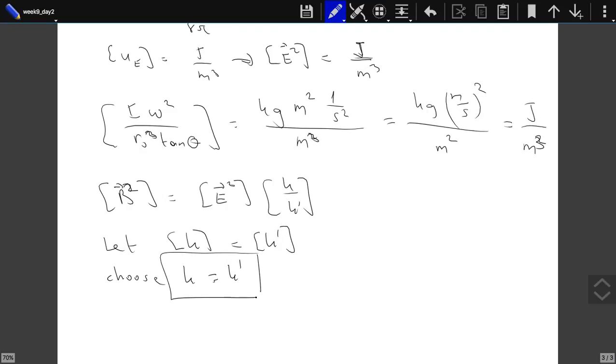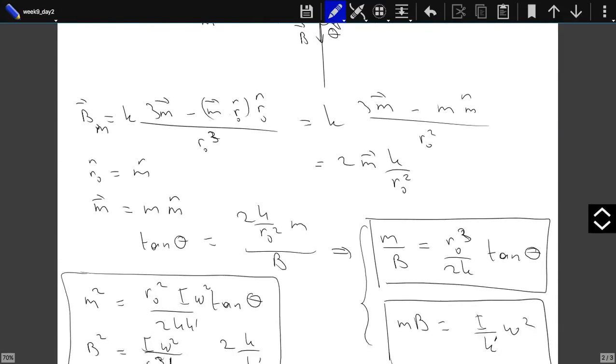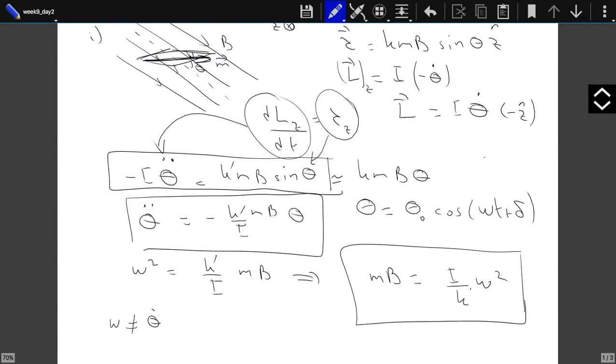They will be equal to each other. Because if they are not equal, I can just change my definition of the induction field and make them equal. Now, let's go back.